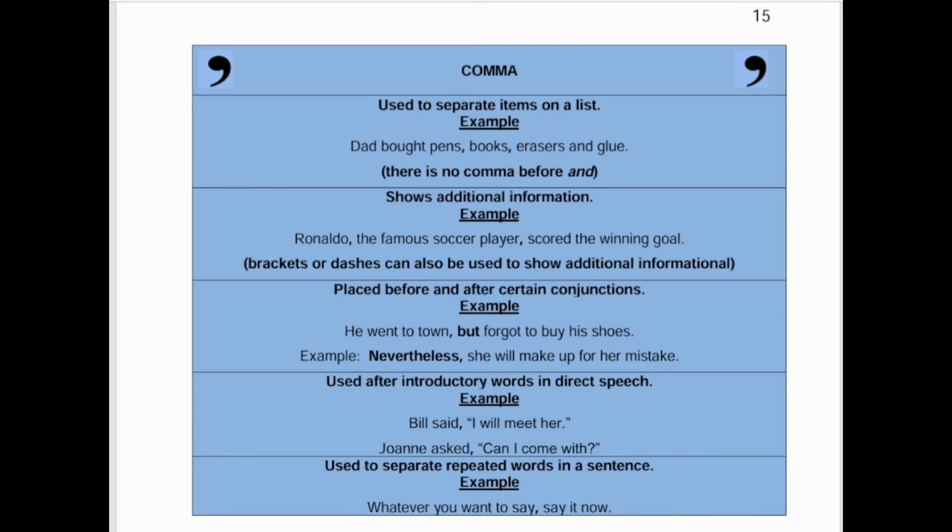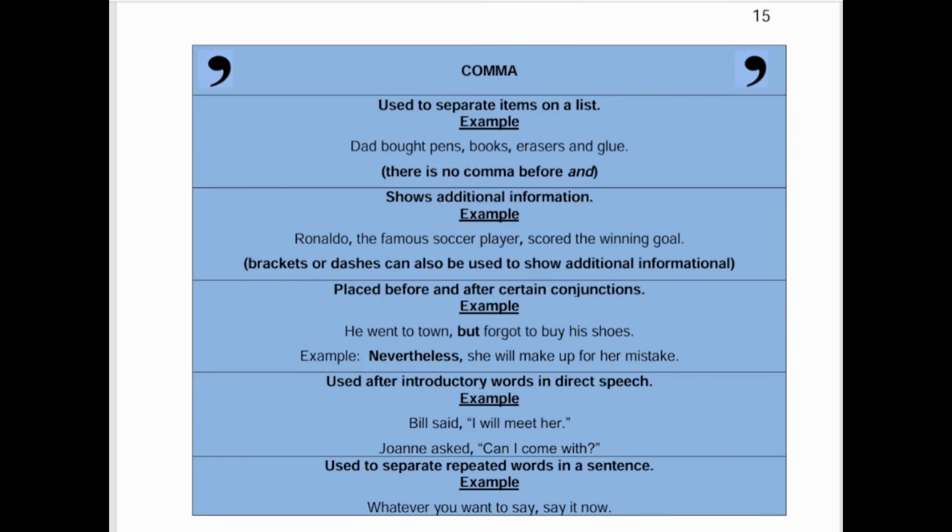Example: He went to town, but forgot to buy his shoes. So you can see before the word "but", there's a comma. Then another example: Nevertheless, she'll make up for her mistake.